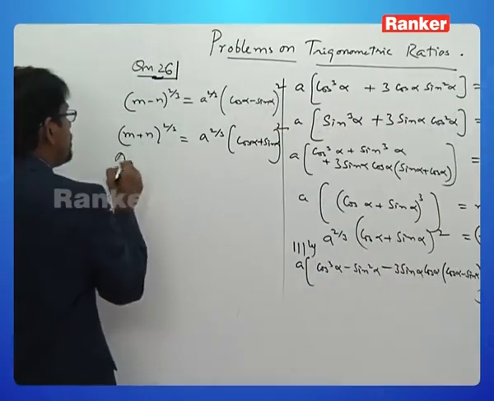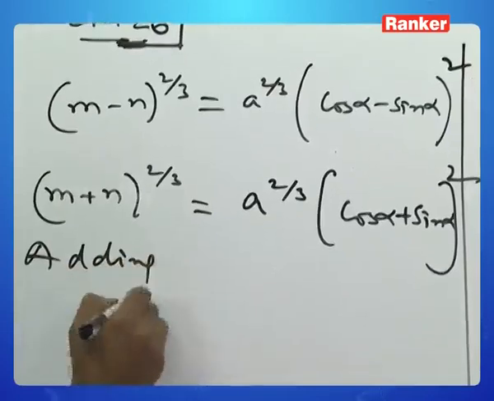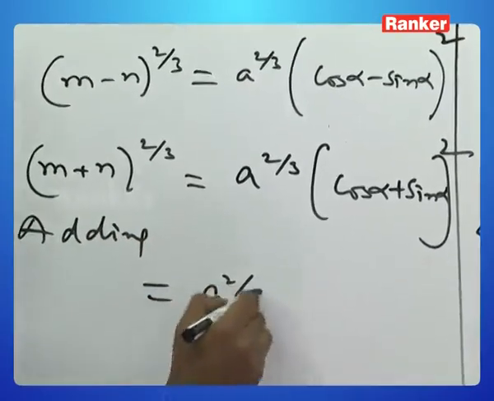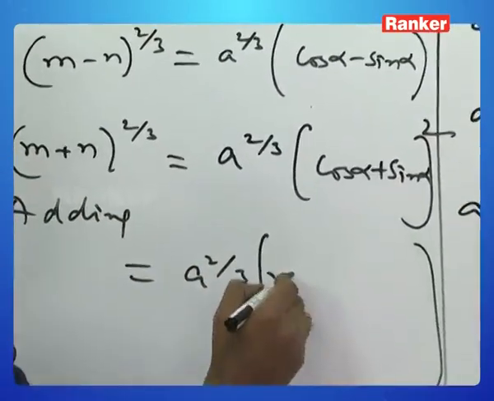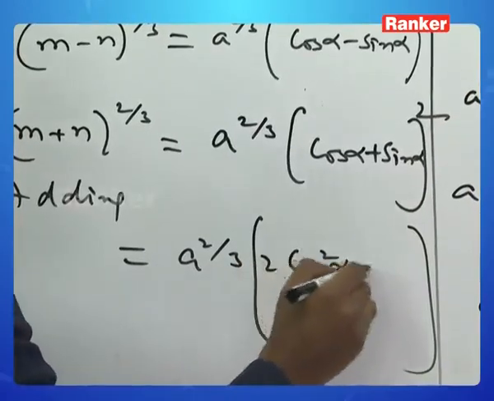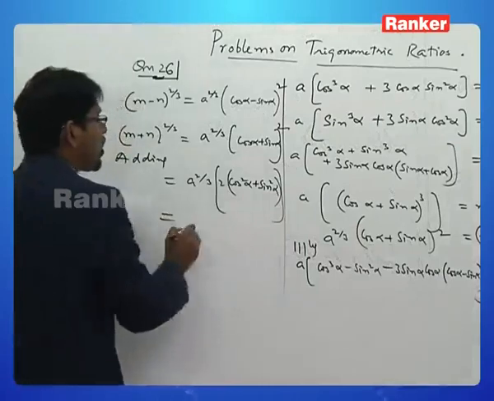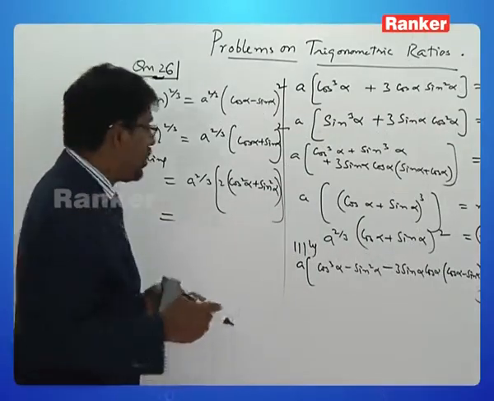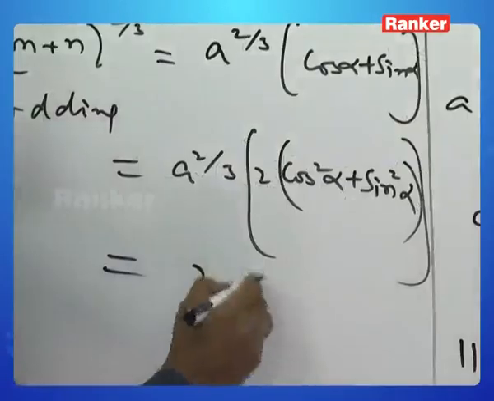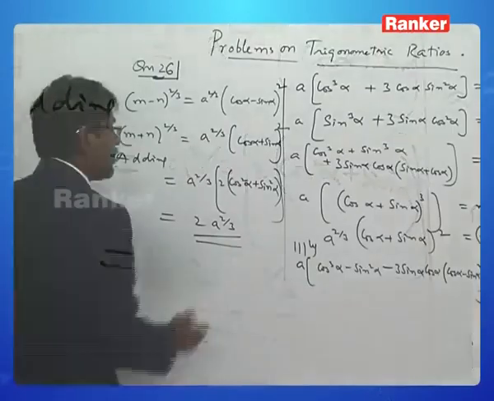Adding the two, what we get is 2a power 2 by 3 into 2 times cos square alpha plus sin square alpha. And what is cos square alpha plus sin square alpha? Clearly 1. So we have therefore 2 into a power 2 by 3.